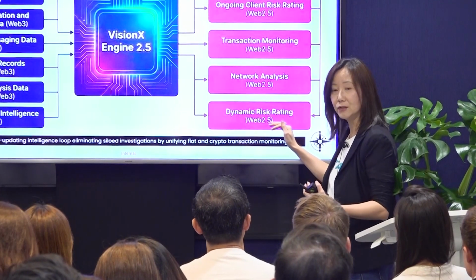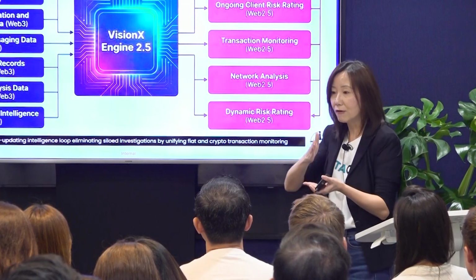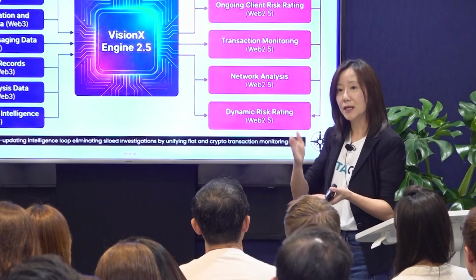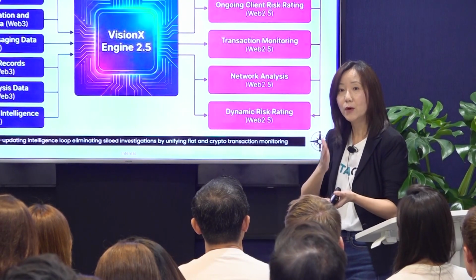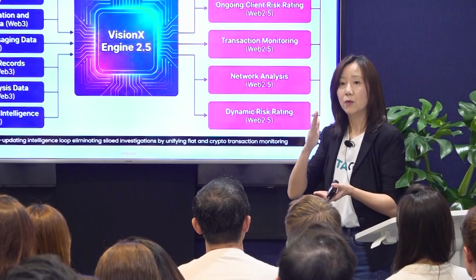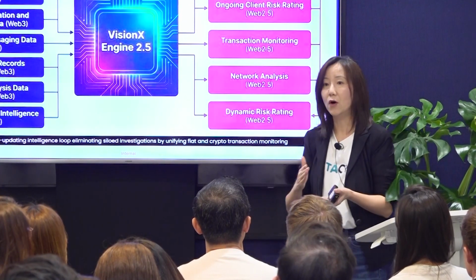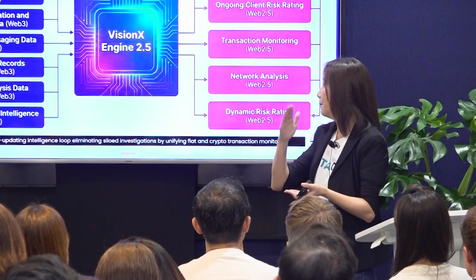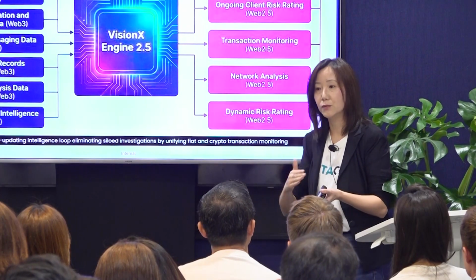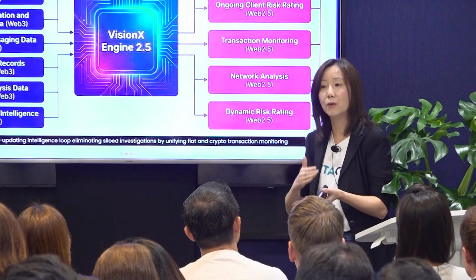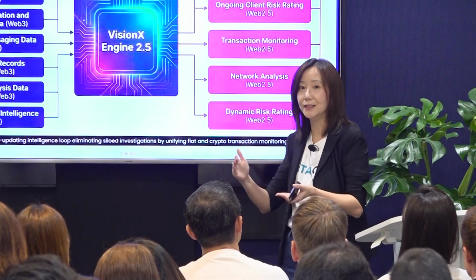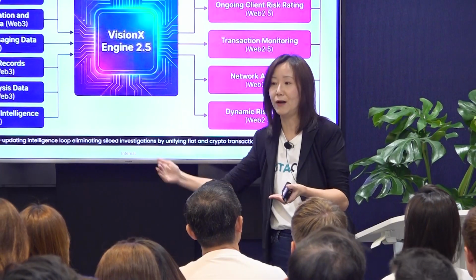That's how we manage the identity layer: a client begins with us as a pure Web2 client, then with all the transactions, detection and behavior network analysis, we gradually convert the client to a Web 2.5 identity-supported customer profile.